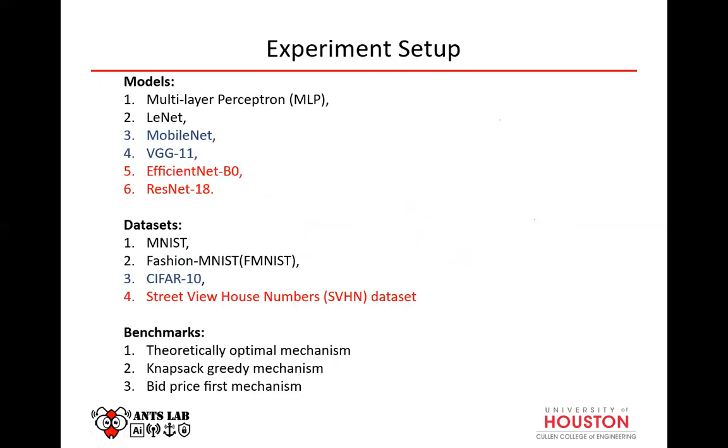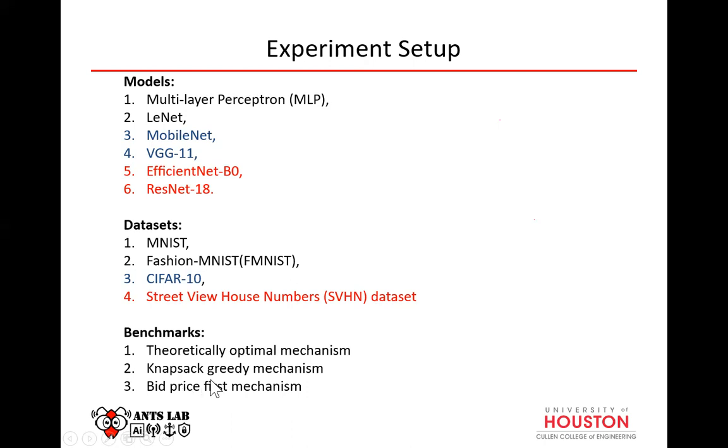In the experiment, they use 6 models to execute federated learning on 4 open data sets. And they compare the incentive mechanisms as benchmarks. The first is the theoretically optimal mechanism.